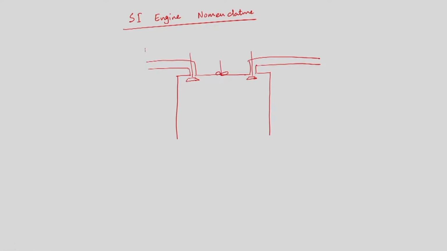An important part of an SI engine is the carburetor, that is here.